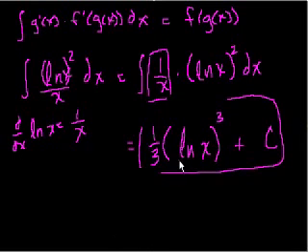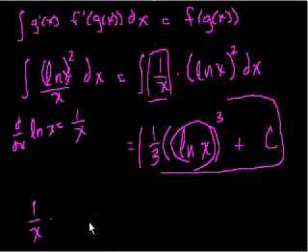When you take the derivative, we just use the chain rule. You take the derivative of the inside first. The derivative of the inside is 1 over x, and you multiply that times the derivative of the outside function, and then you keep the inside the same. So the derivative of the outside function is 3 times its coefficient, so it's 3 times 1/3 times the whole thing to one less exponent.